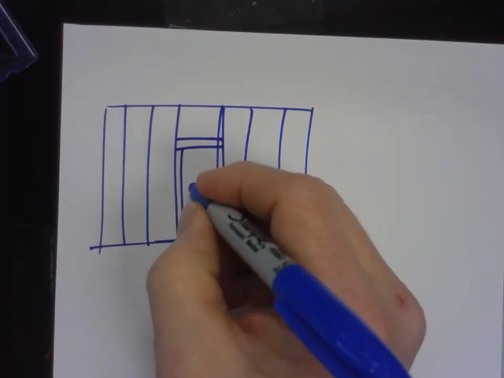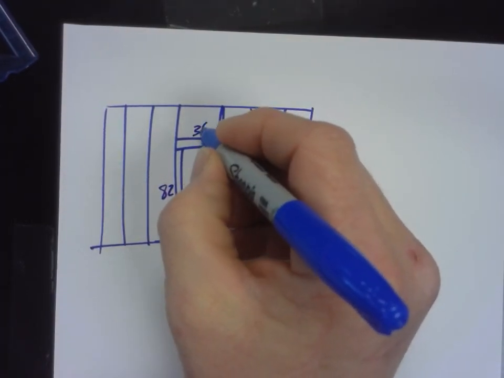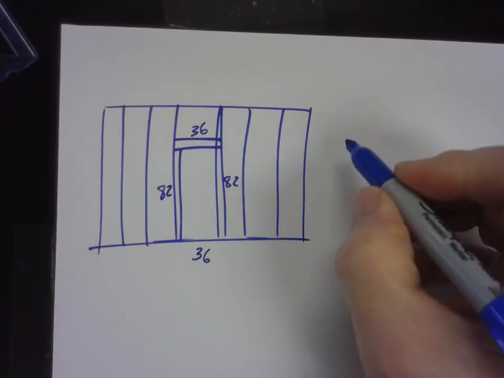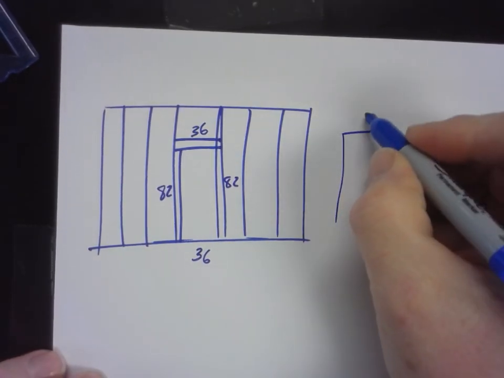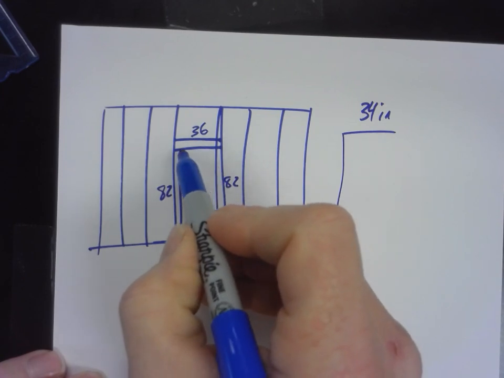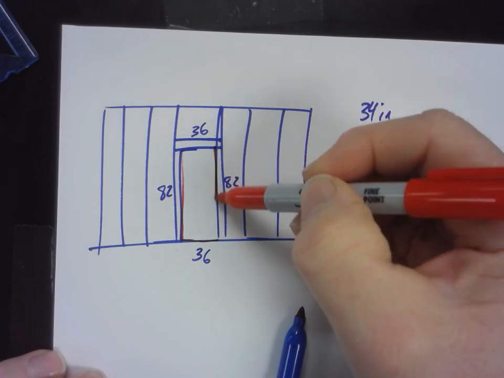And when I measured the doors, it was 82 here, 82 here, 36 here, 36 here. So the opening, perfect. How do you think that door fit in there? Yeah, Logan, exactly. It didn't fit. And I was trying to put a door that was actually a 34-inch door. So we have a 36-inch opening here.